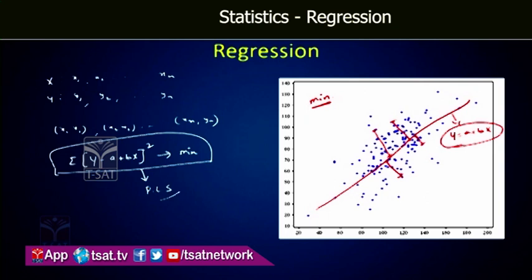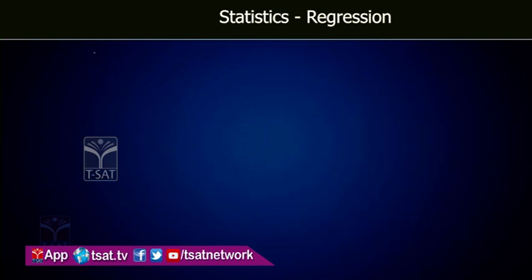Using this principle, we minimize this expression and we get two equations to find our two unknown constants a and b. These two equations are nothing but our normal equations. Now we will see what these normal equations are.